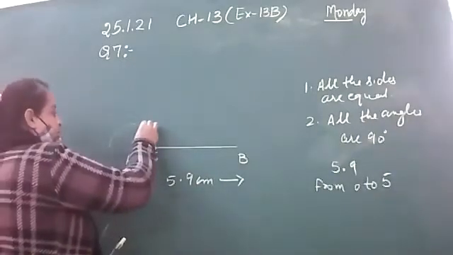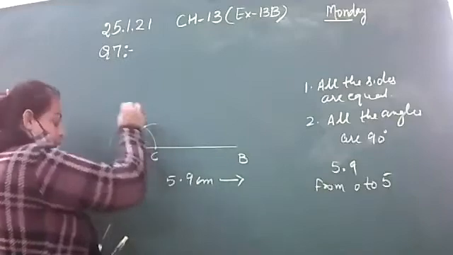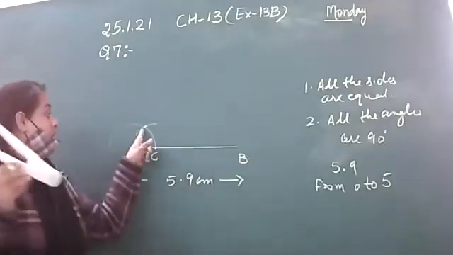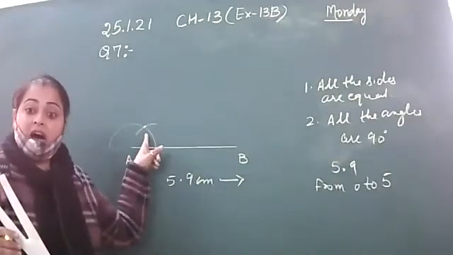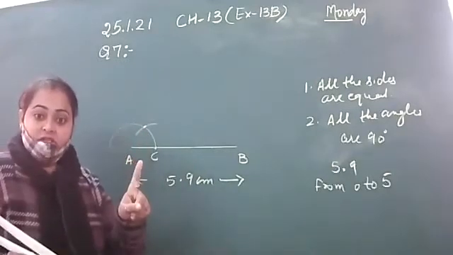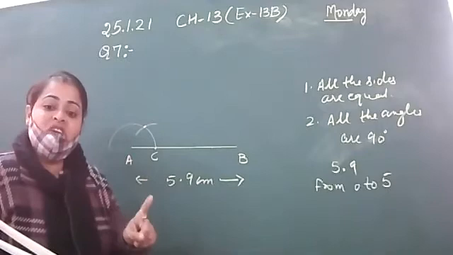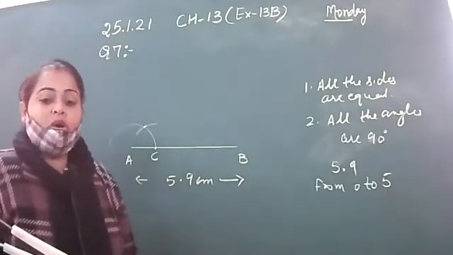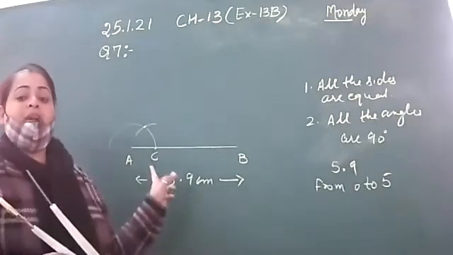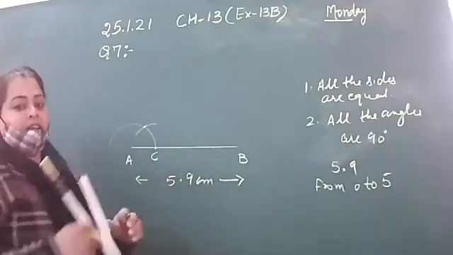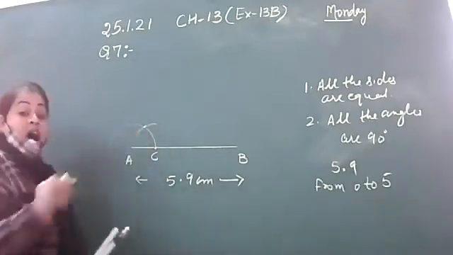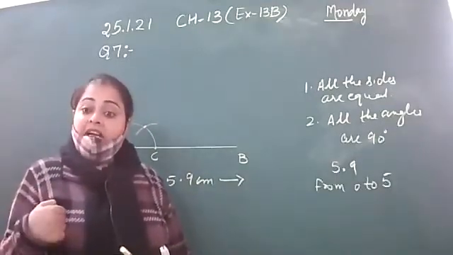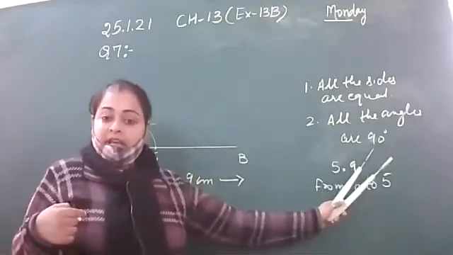This first arc gives us one point. Which angle will this represent? Very good, Harshika. Well done. This will represent a 60 degree angle. But our requirement is not 60 degree. Our requirement is a 90 degree angle.